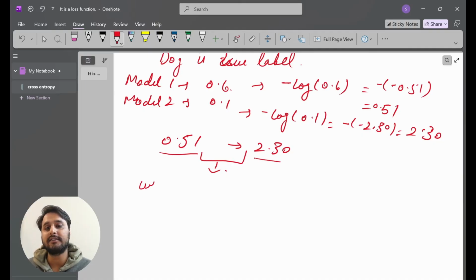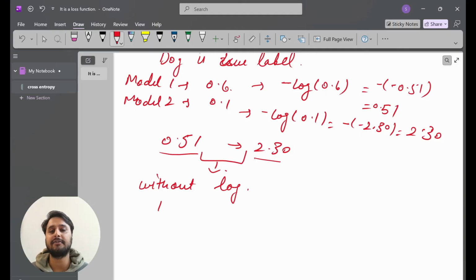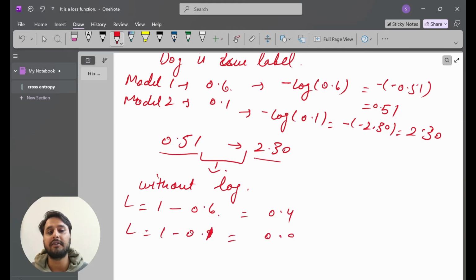And let's take the case without log. Let's say we don't have the log function, and we are using a simple error, that is 1 minus 0.6. Without log, we are calculating loss 1 minus 0.6, and this is 0.4, and in the other case 1 minus 0.1, this is 0.9.